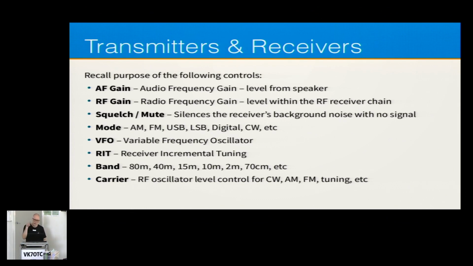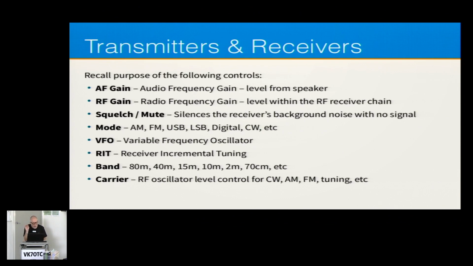And there is an incremental control, a little fine tuning for when you get to where you need to be, which is really handy with single sideband, and we'll demonstrate that in the practical. Because if you're not quite on frequency with single sideband, what people say is it sounds like duck talk, and it does.